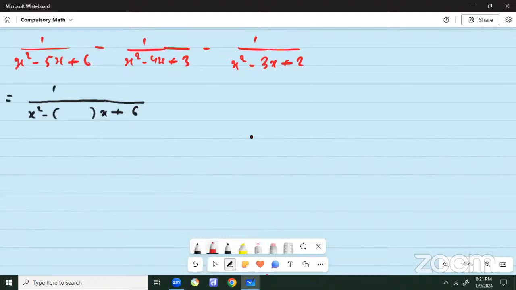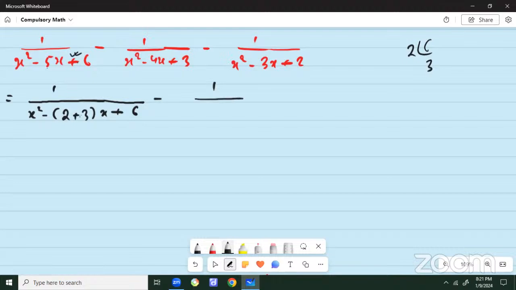Plus three. Okay, so what decides here whether to add or subtract is this sign. If this is positive, then you have to find two numbers whose sum is 5. And if this is minus, then you have to find two numbers whose difference is 5. So obviously, 6 can be factorized as 2 times 3, so 2 plus 3 will be 5. In place of 5, we can write 2 plus 3.